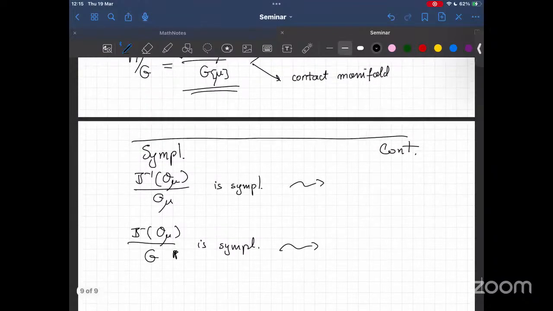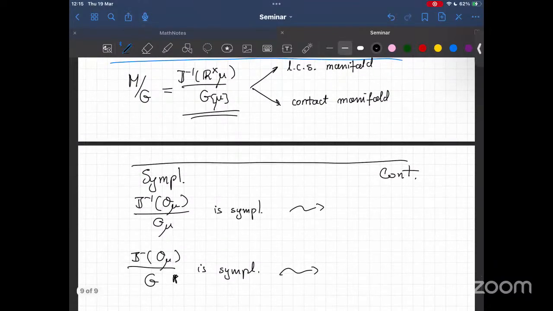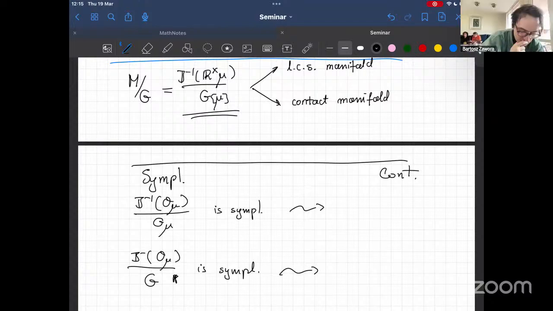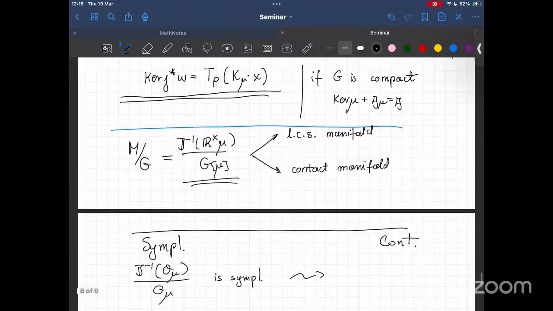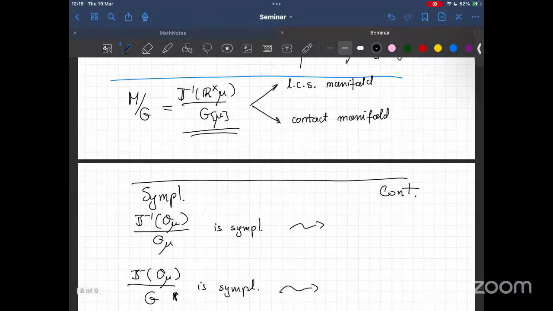I had maybe a quick question, which is, is there an explicit description of the K mu that you described earlier? I don't know, in terms of an equation or something, instead of being defined through the Lie algebra as the isotropy group is? G mu, for instance, is defined as the isotropy group, right?